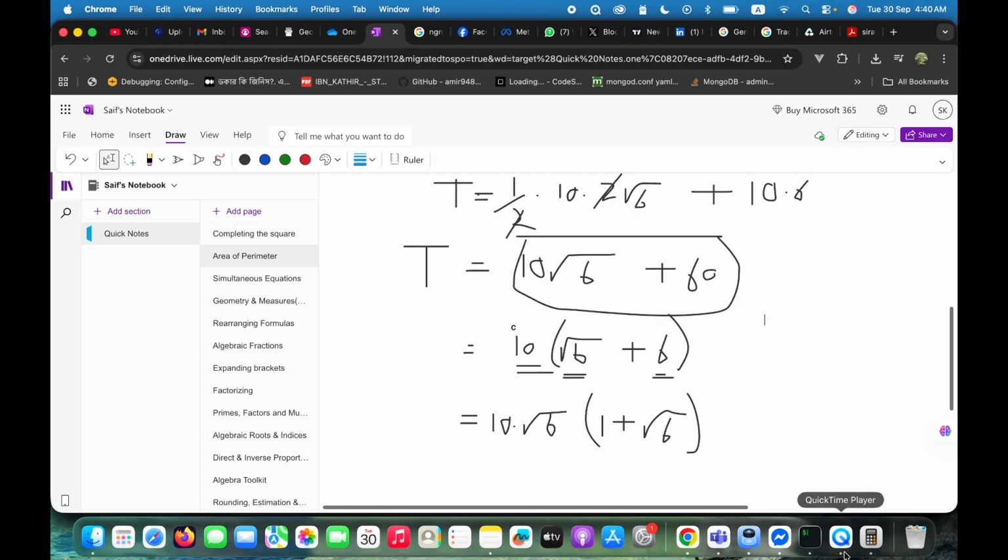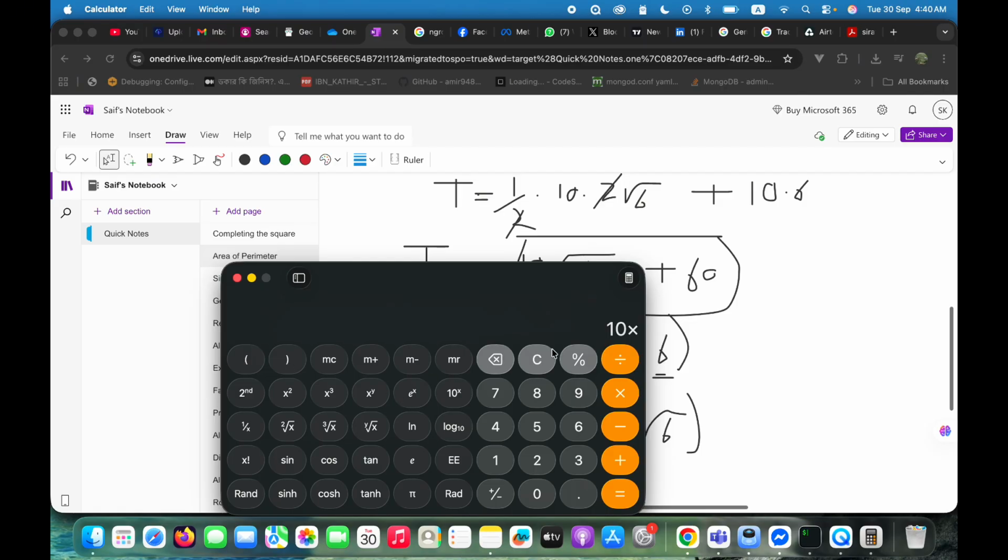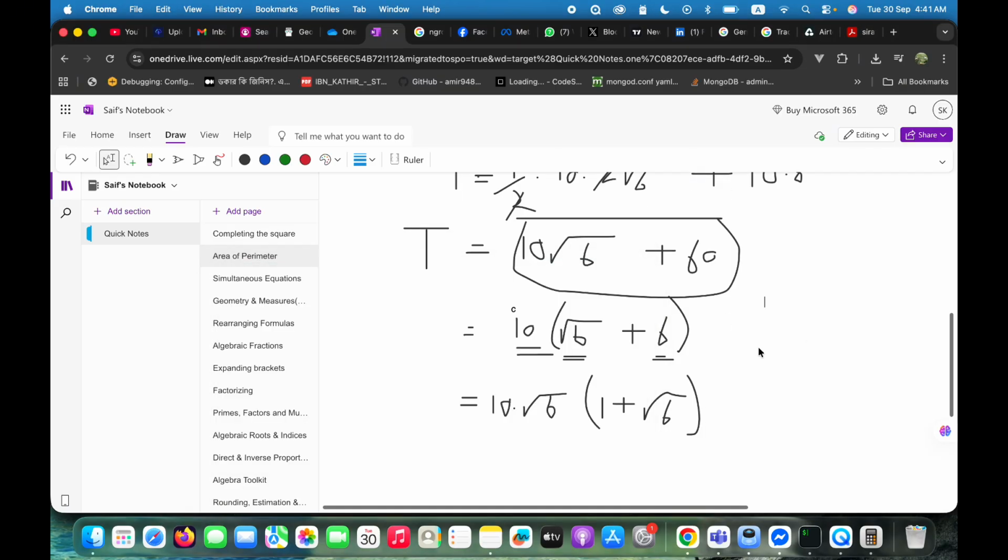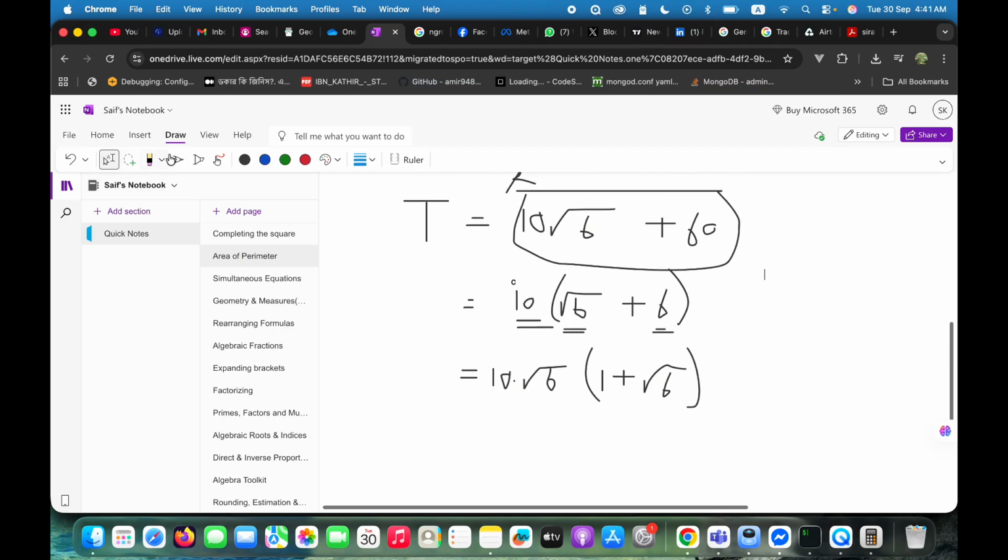Using the scientific calculator, 10 multiplied by root 6 plus 60 is approximately 84.495.